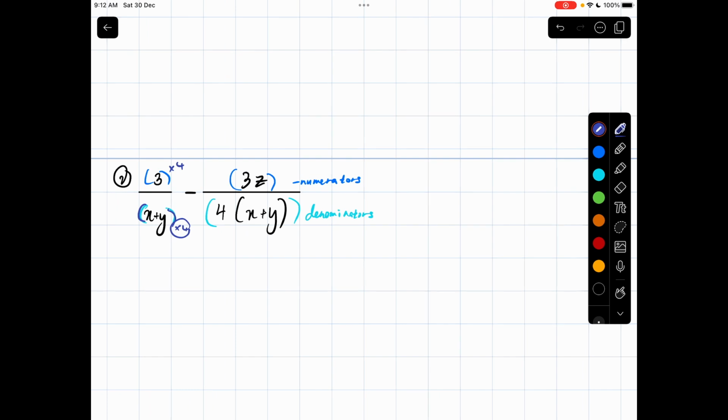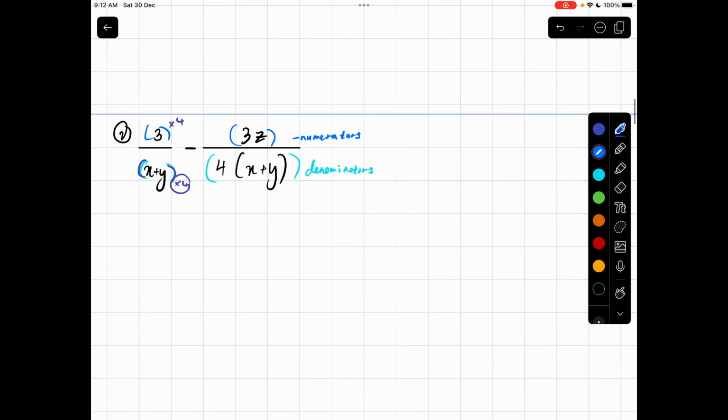So the next step would be to write them out. So you will have 3 times 4, 12. And at the bottom, you will have 4 times x plus y, minus 3z, or 3z, depends on where you're from on Earth.